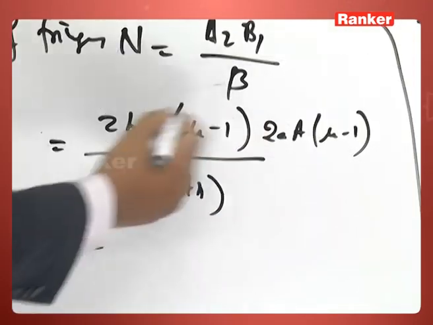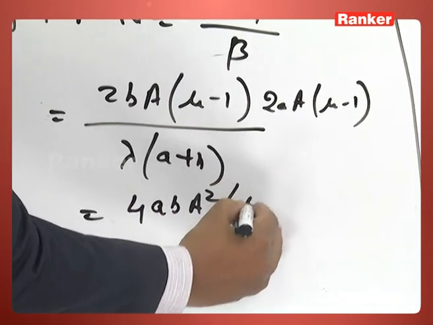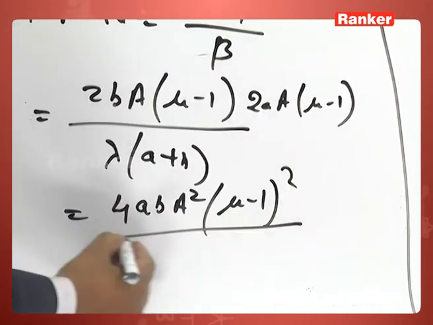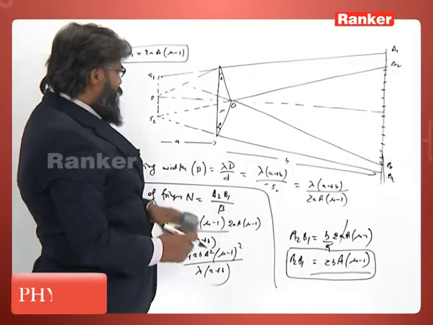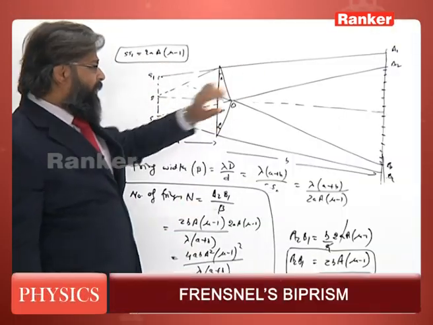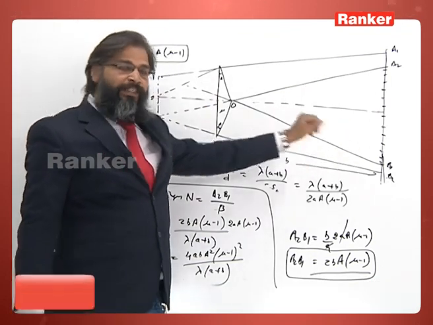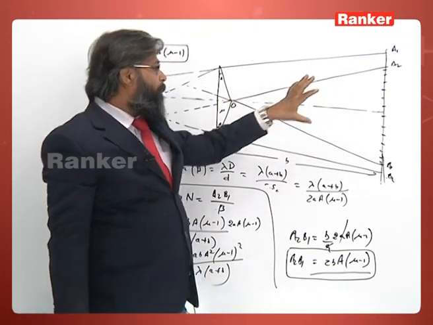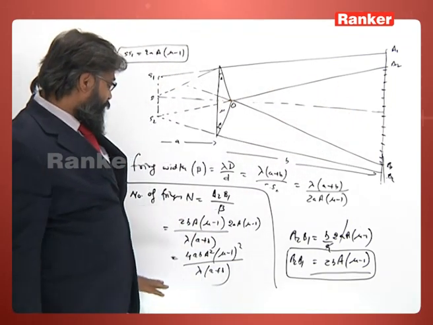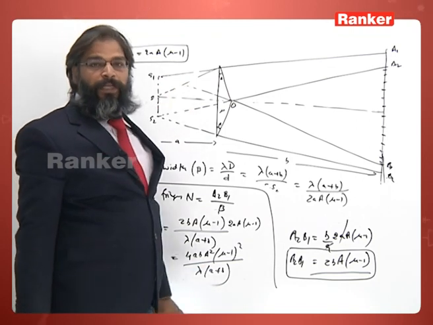So this becomes n = 4abA²(μ−1)² by λ(a+b). So now we have mathematically calculated the total number of fringes available here. This is the region where fringes are formed, and this is β. So this is what Fresnel's biprism is.